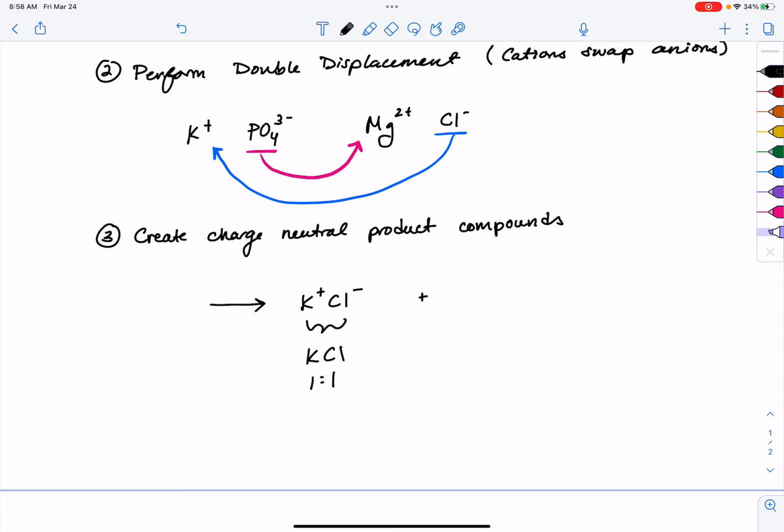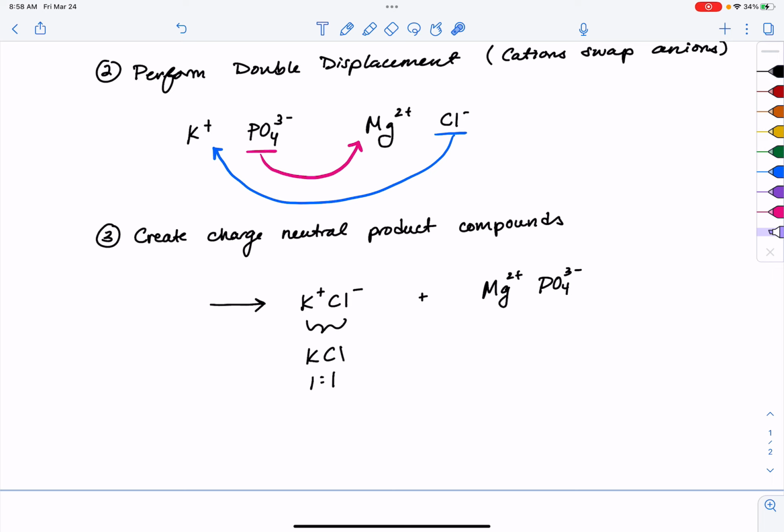And then I now have my magnesium 2+ cation and my phosphate 3- anion. This one is not so straightforward, right? It's not a 1-to-1 or it's not a 2-to-1. So always when you have numbers that are not direct multiples of one another, we are going to look for whole multiples or the lowest common multiple between both.